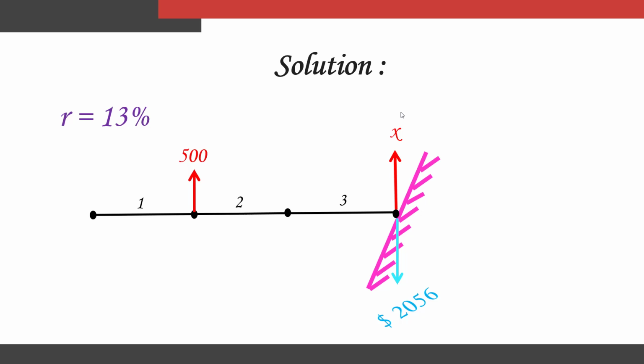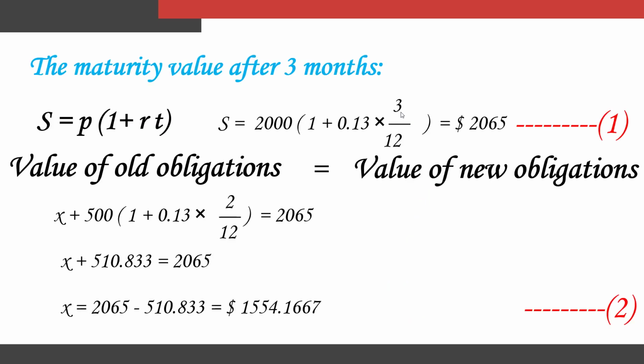We have one old obligation, and we need to replace it with 2 new obligations: $500 after 1 month and X after 3 months. The balance here equals X. So $2,056 equals the amount of $500 plus X.